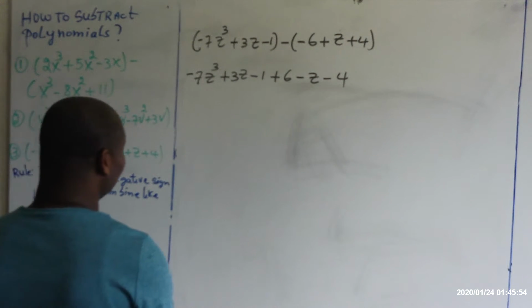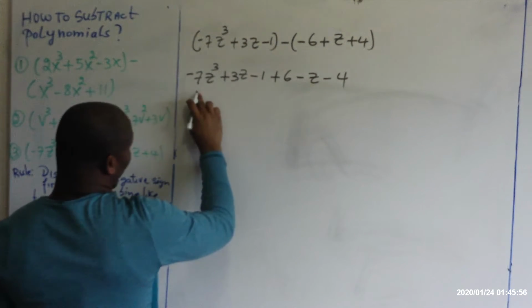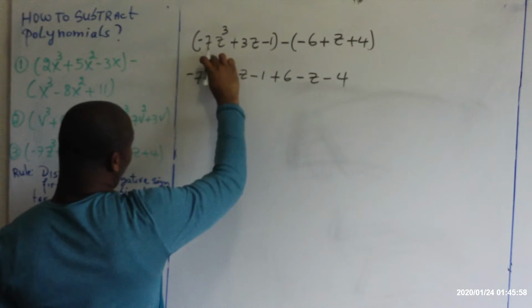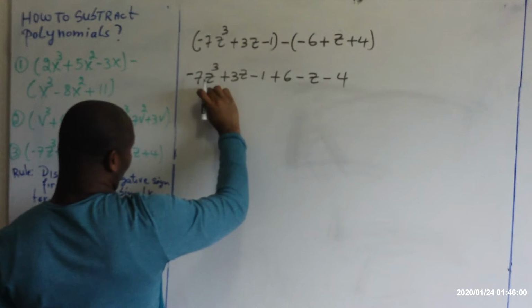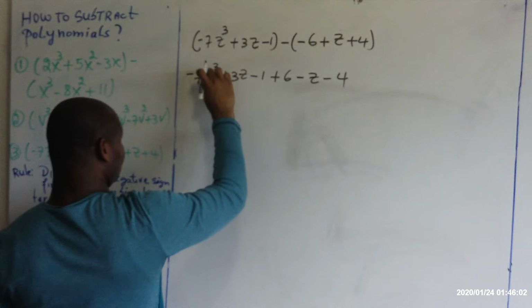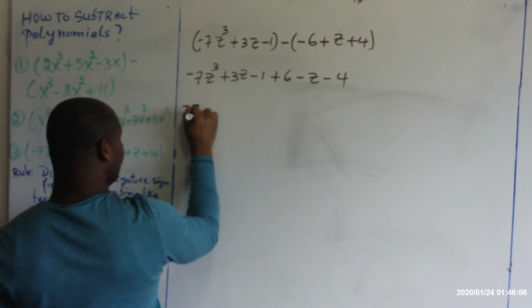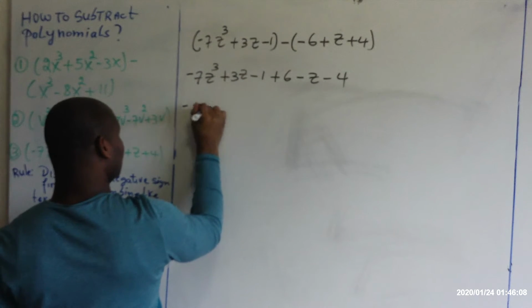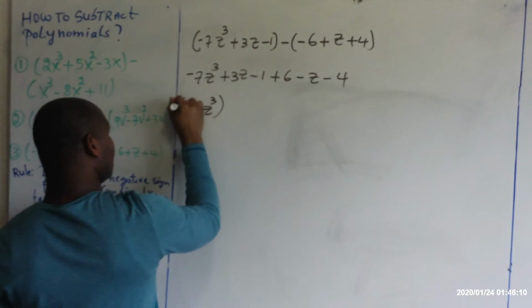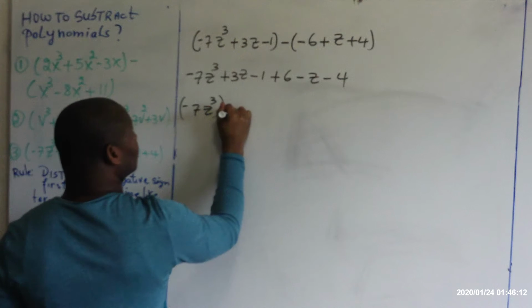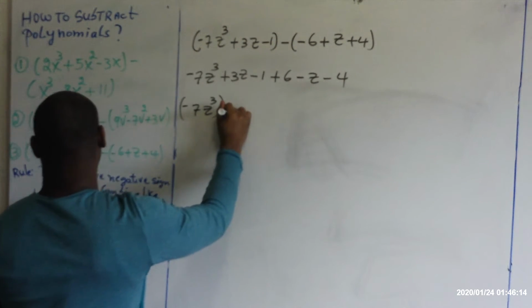So now, combine like terms. So, I have only one term, which is z to the 3. Just write it down. Negative 7z to the 3. So, there is no square.